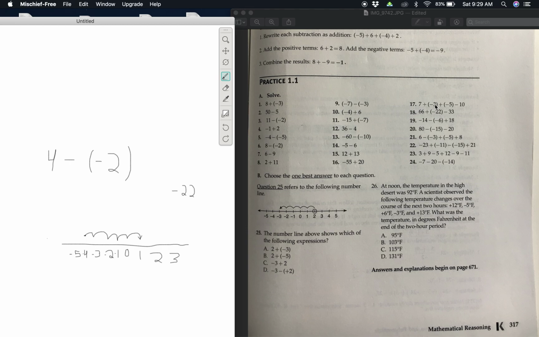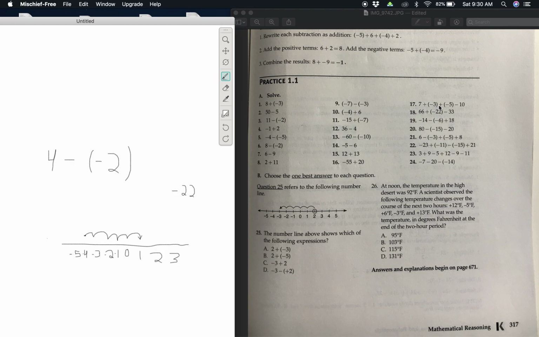Okay, let's move on to here. This is pretty much just the same thing, just a little bit longer. So 7 plus -3 we know is basically 3 take away 7, or 7 take away 3. So 7 plus -3 is 4.